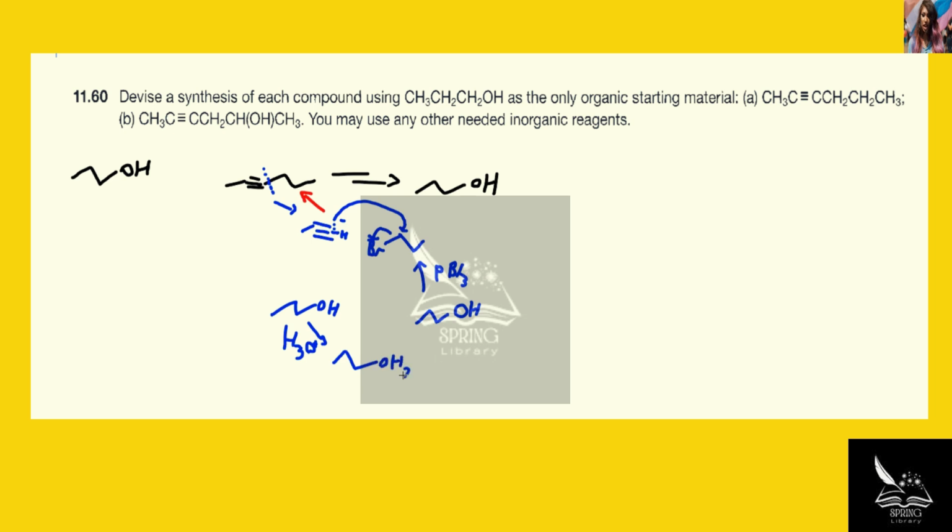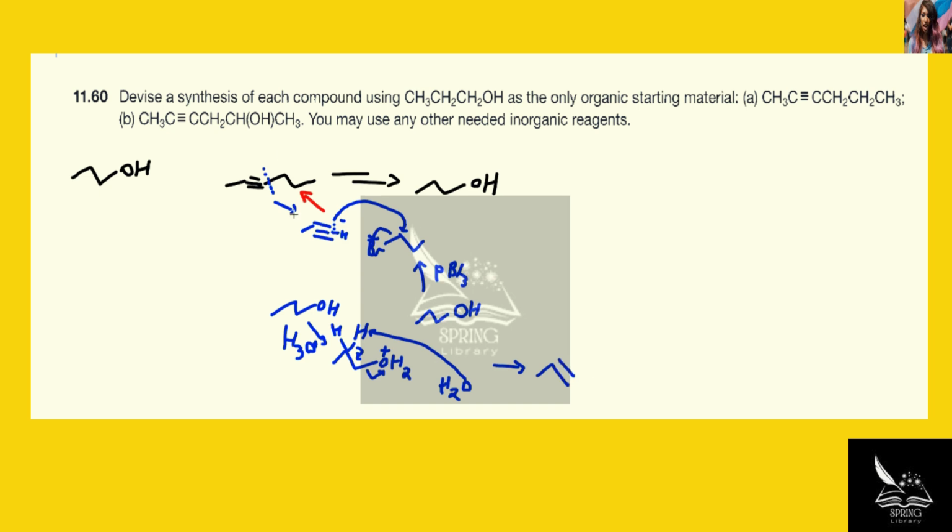Now this wants to leave, so the alcohol got protonated to water by picking up a proton. Now we have H2O, the conjugate base of our acid catalyst, and we need to reform our acid catalyst. So this H2O picks up this proton to reform H3O+, and at the same time forms our alkene.